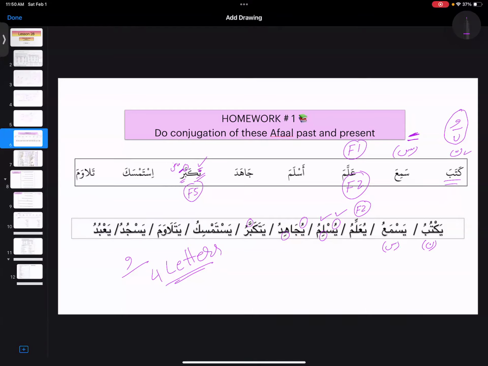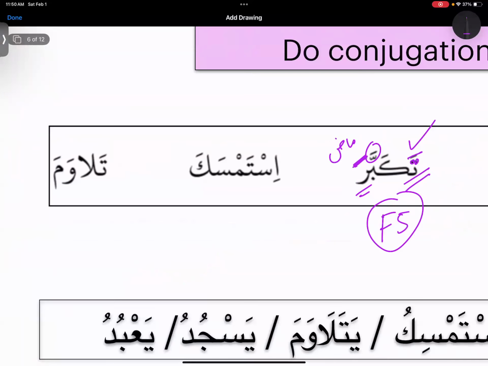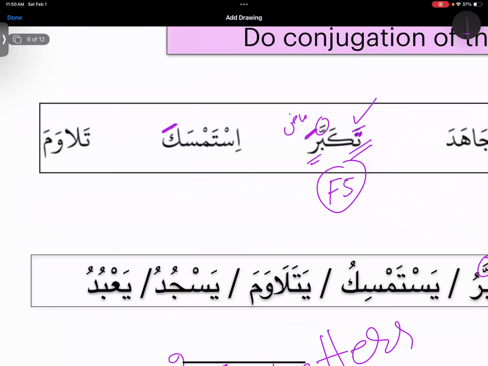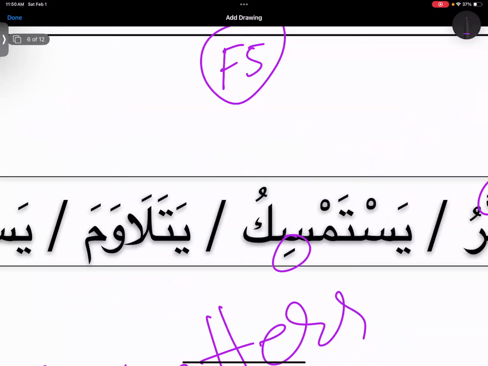Takabbara. Then you're going to see a lot of extra root letters. Istamsaka, right? This is Madi also, but the Dhamma at the end is telling me that this is Madi. And istamsaka, again, you're not going to get confused. Just find the middle root letter. Middle root letter is the sin, and it is taking kasra over here.